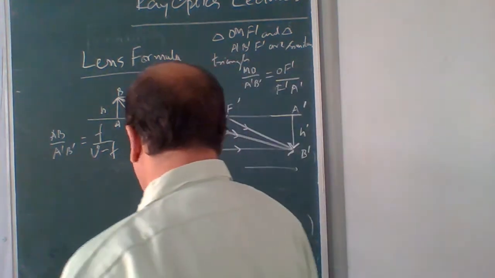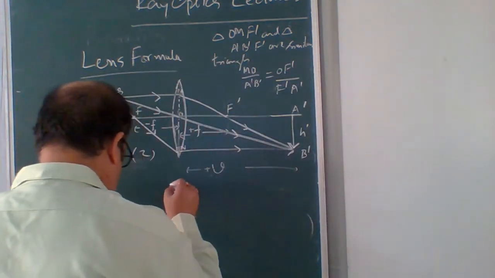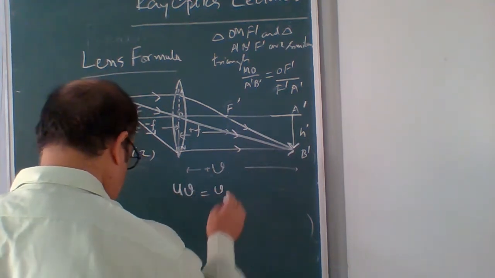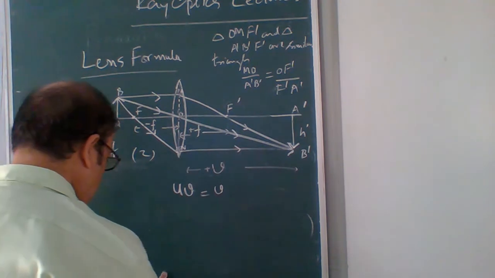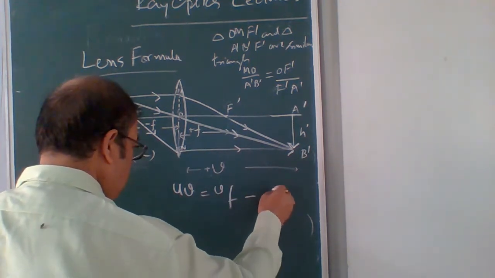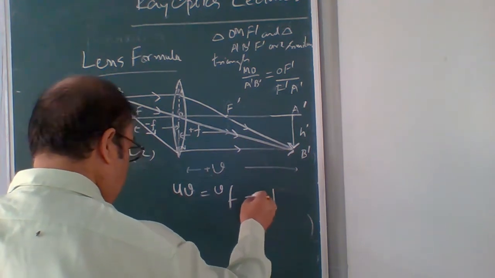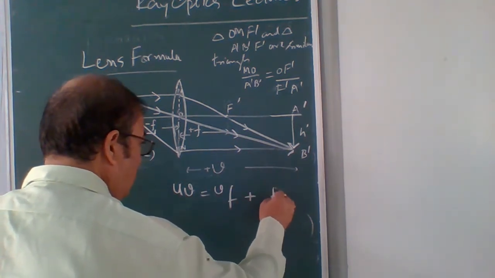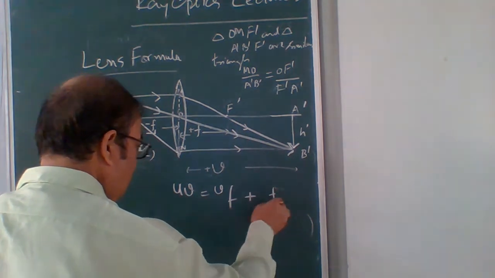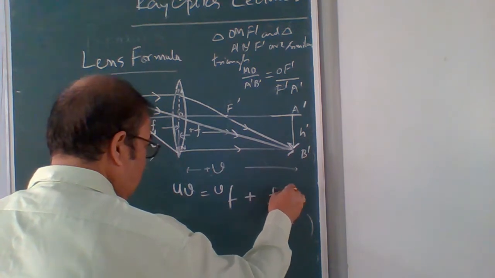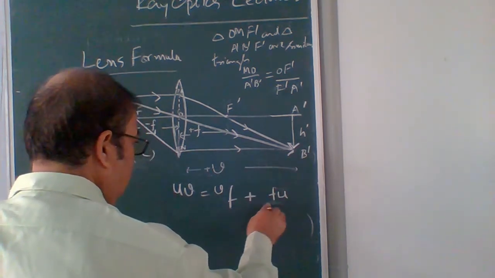We are left with UV and this is VF minus, plus F2.